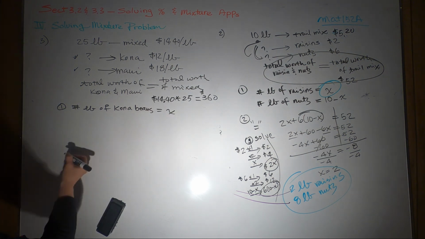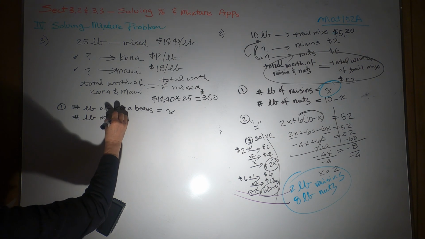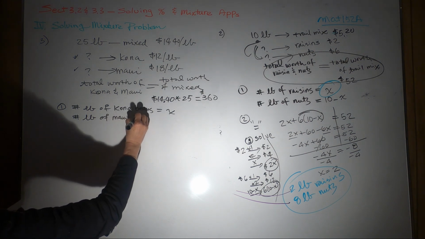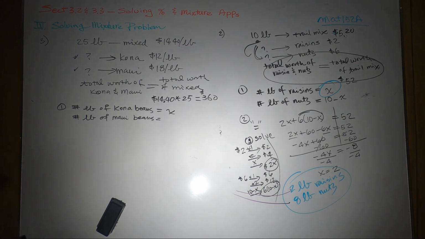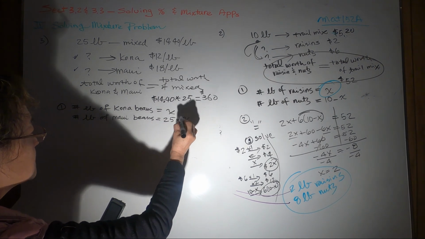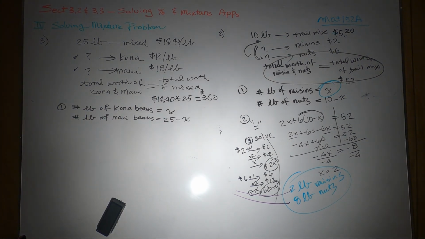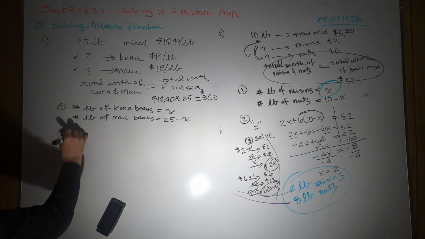X pounds, right? Then how many pounds of Maui beans will you use? What do you think? Total how many pounds? 25 pounds. So you take X pounds away, that will be 25 minus X, right? Then it should be worth the same. So you write your equation.